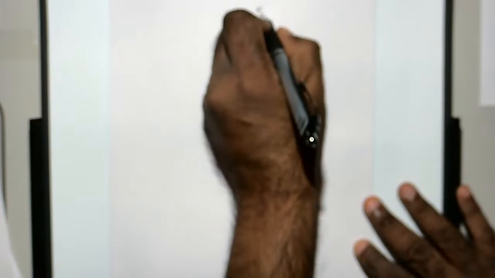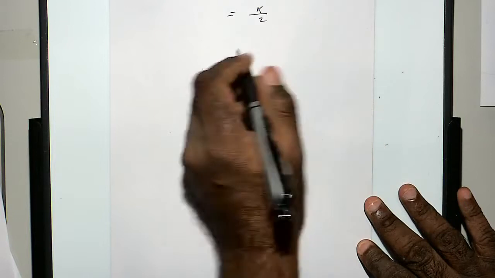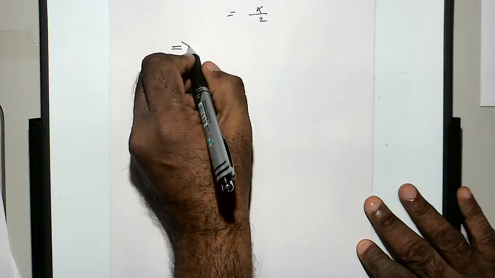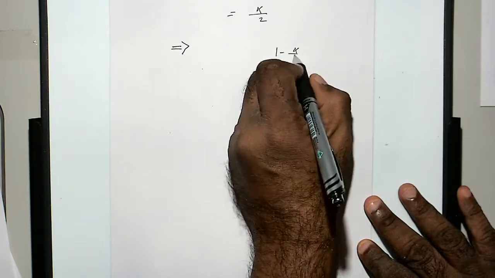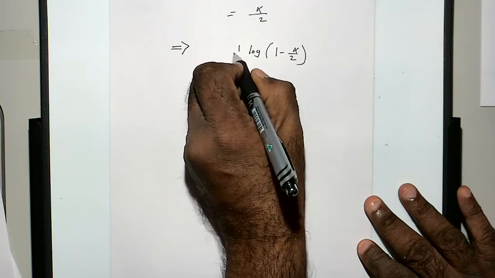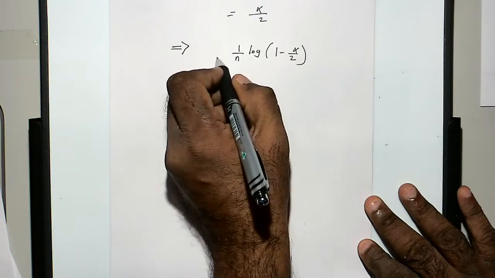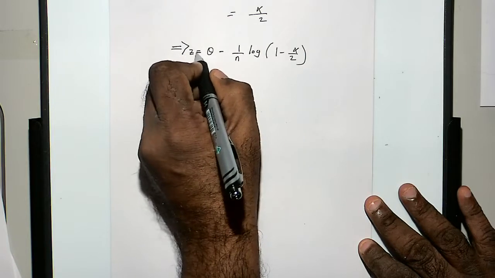To answer this question, you need to set this equal to alpha by 2 and solve for Z. If you do that, correct me if I'm wrong, you will get 1 minus alpha by 2 log and then theta minus. This is what you will get for z.